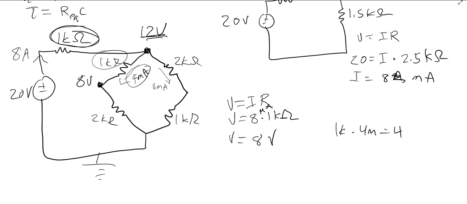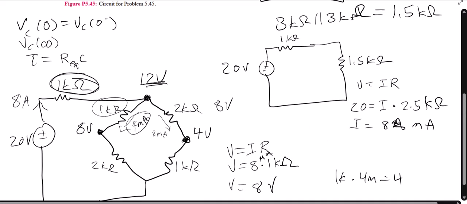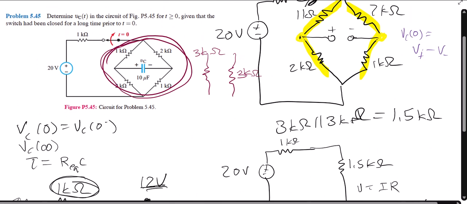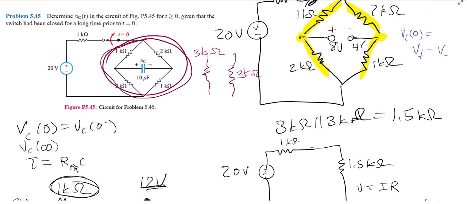As our 4 milliamps goes through this 2 kilo ohm resistor, then it's going to drop by 8 volts. 4 times 2 is 8. It starts at 12, it drops 8. I'm going to have 4 volts here. So that tells me that this side of my capacitor is 8 volts and this side is 4 volts. So VC of 0 is 8 minus 4, or 4 volts.